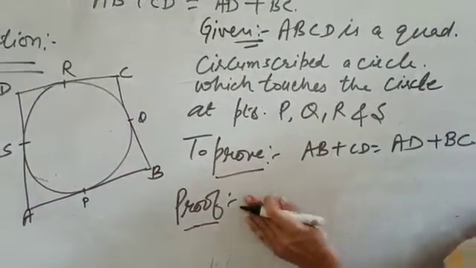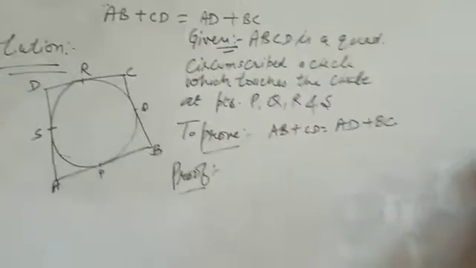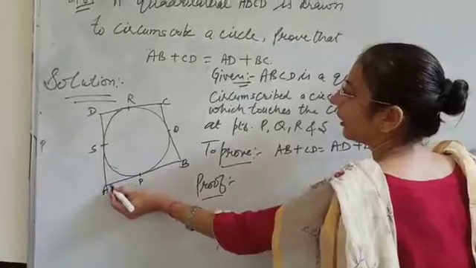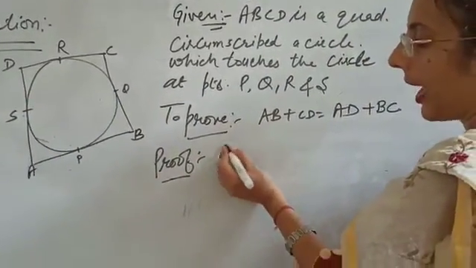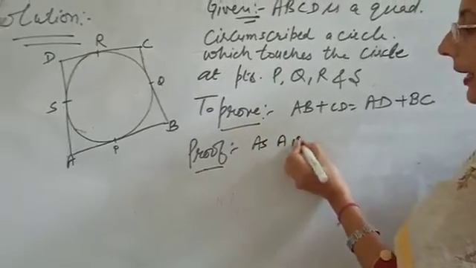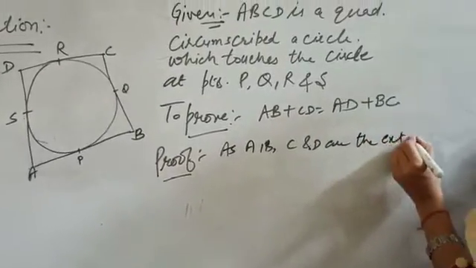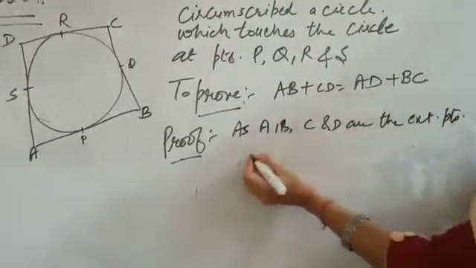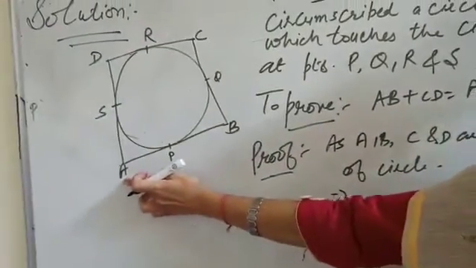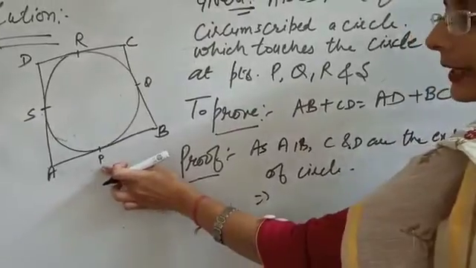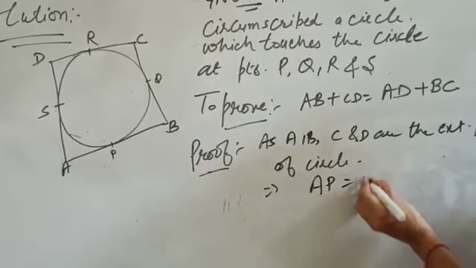Here we will use the theorem we just proved: from an exterior point, the lengths of the tangents are equal to each other. So A, B, C and D are exterior points of the circle. From point A, AP is a tangent and AS is a tangent, so AP is equal to AS.